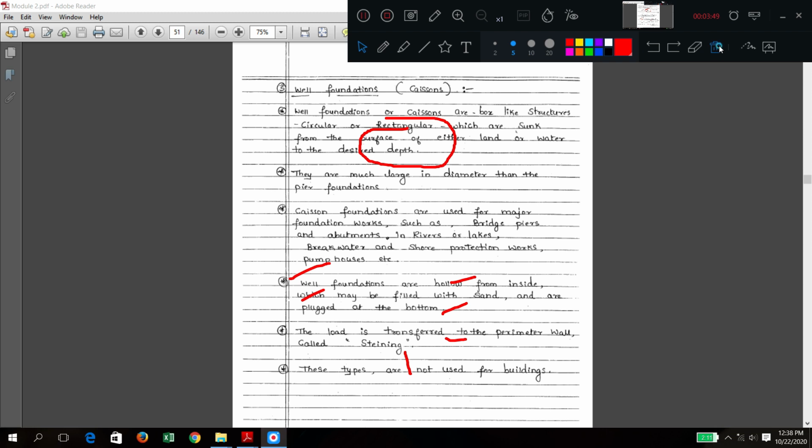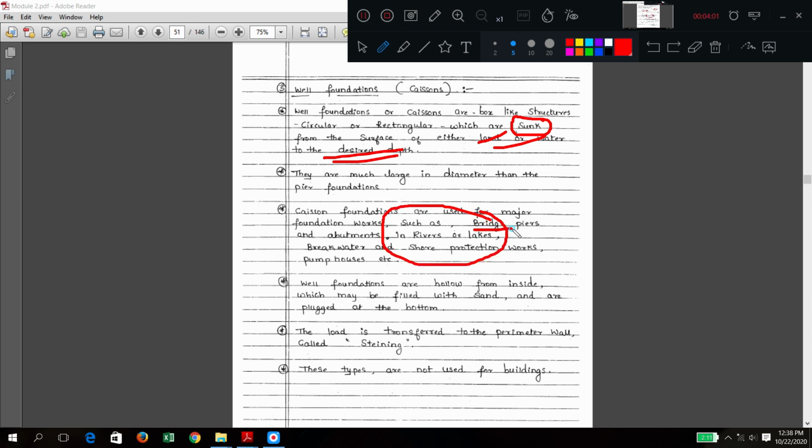These are bigger load carrying elements, which are sunk inside the water or from the land. We have seen that, no? Sunk inside the water or land. These are generally for bridges, bridge piers, abutments of rivers, lakes. Wherever a river is flowing, to make a bridge, well foundations are constructed.